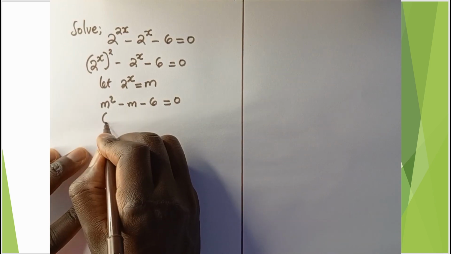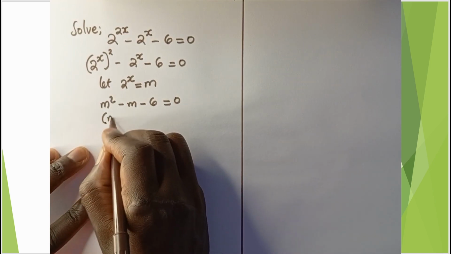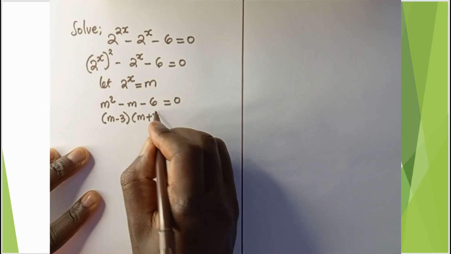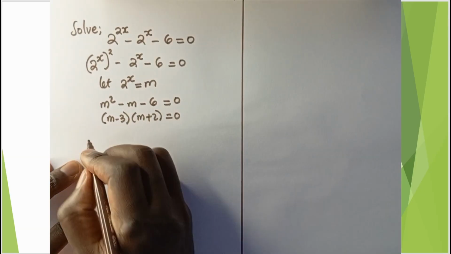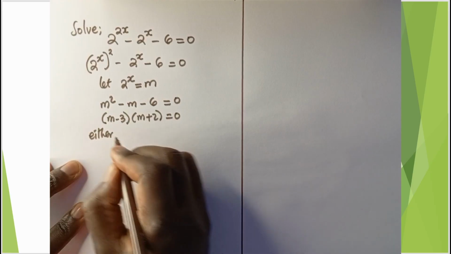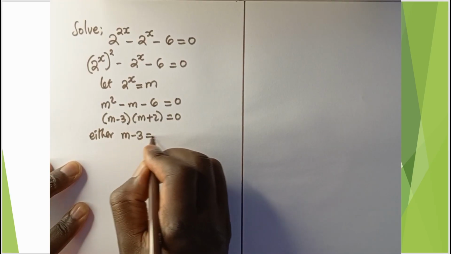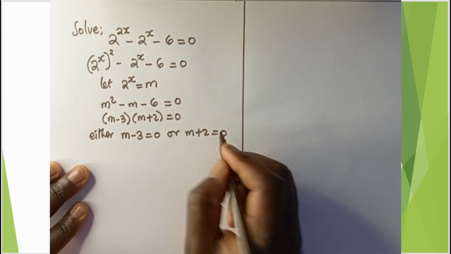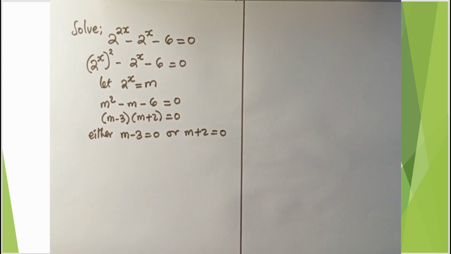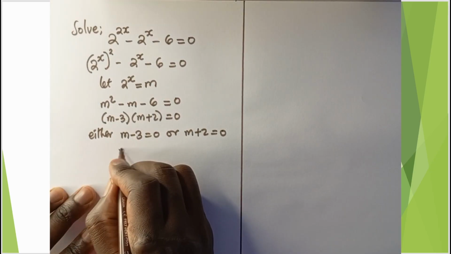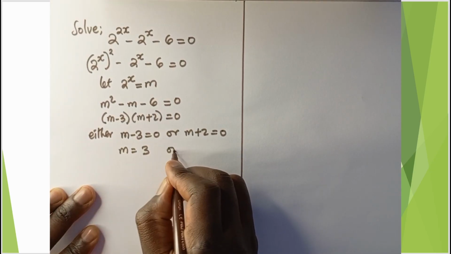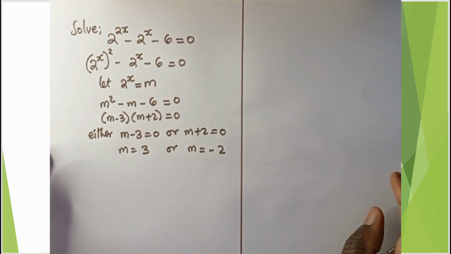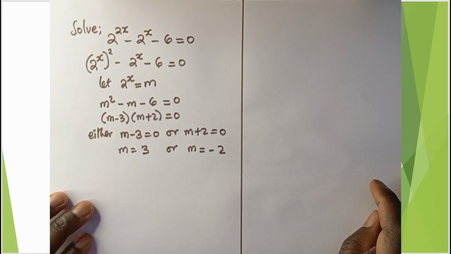Simplifying this by using simple factorization, we have (m minus 3)(m plus 2) is equal to 0. So either m minus 3 is equal to 0 or m plus 2 is equal to 0. So m can equal 3 or m can equal negative 2.